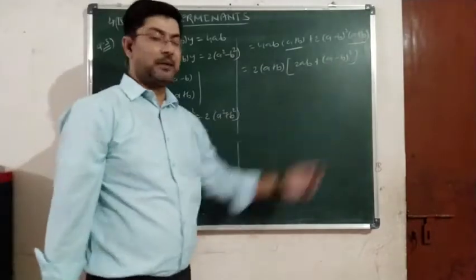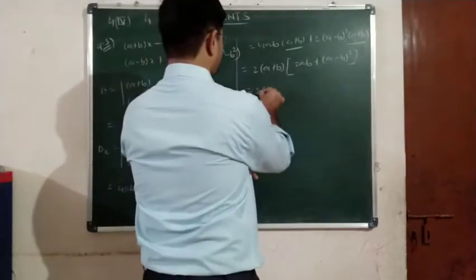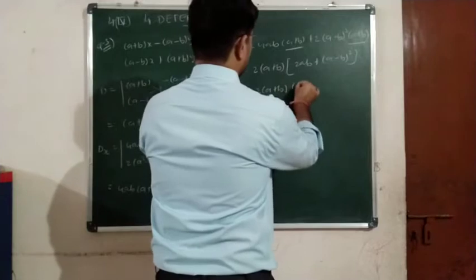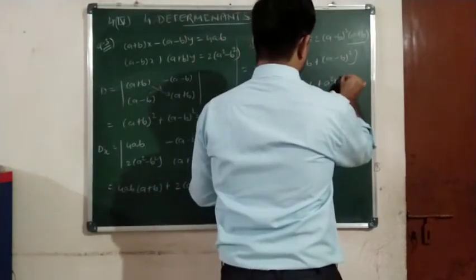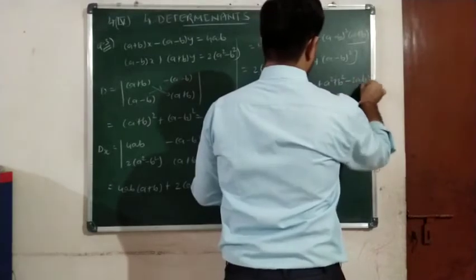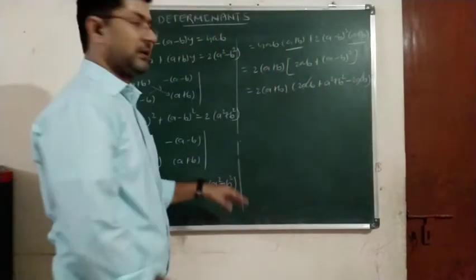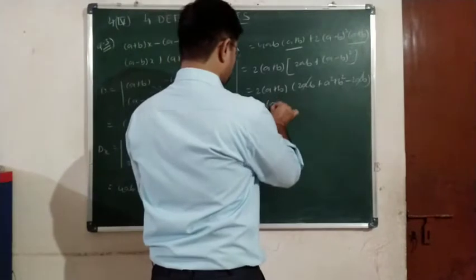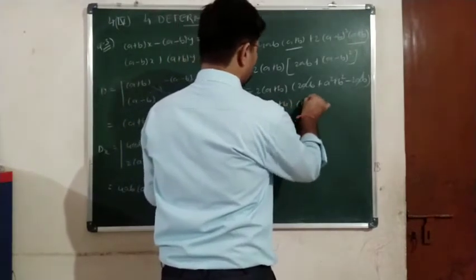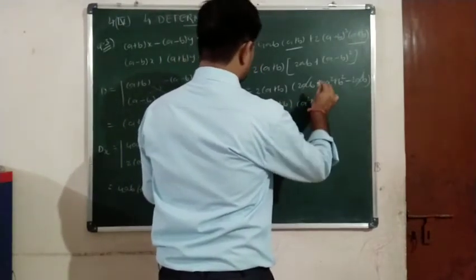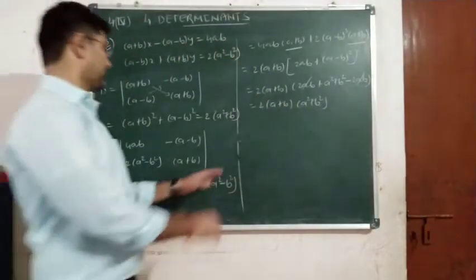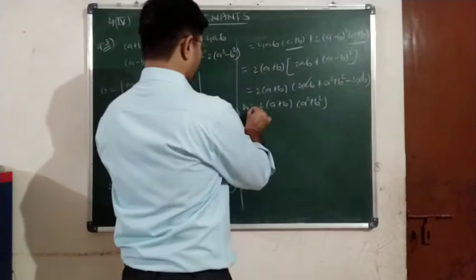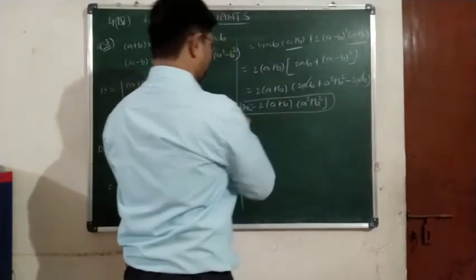Now expanding (a minus b) the whole square, we get 2ab plus a square plus b square minus 2ab. So minus 2ab plus 2ab will get cancelled. So we will get 2 into (a plus b) into (a square plus b square). Clear? So this is the value of Dx. We got the value of Dx.